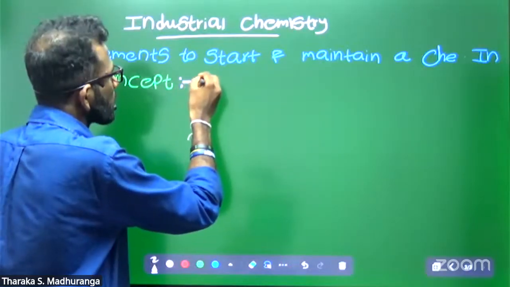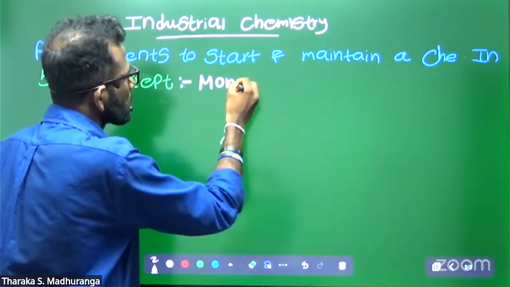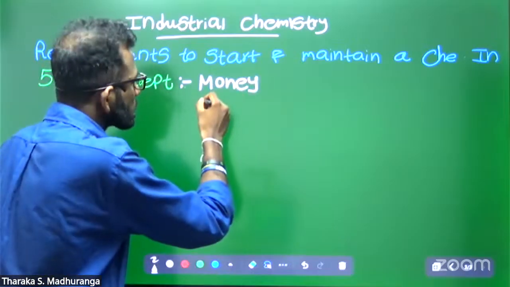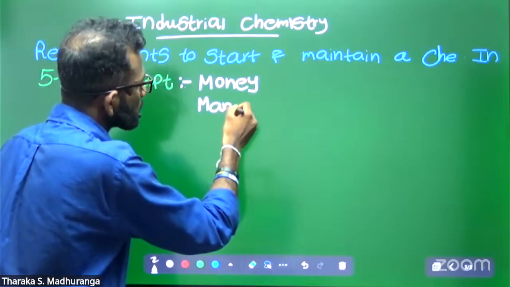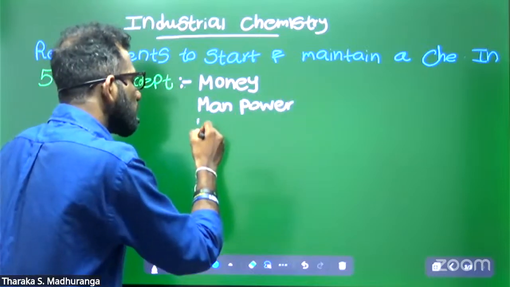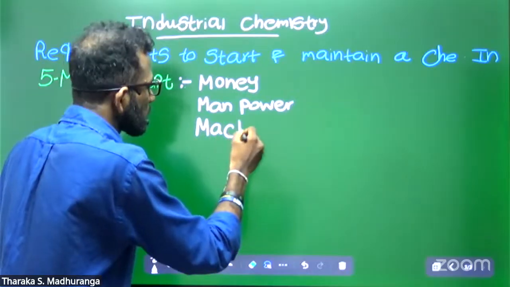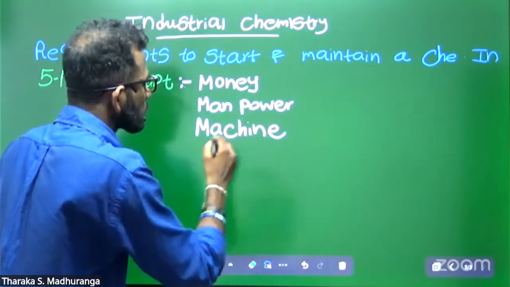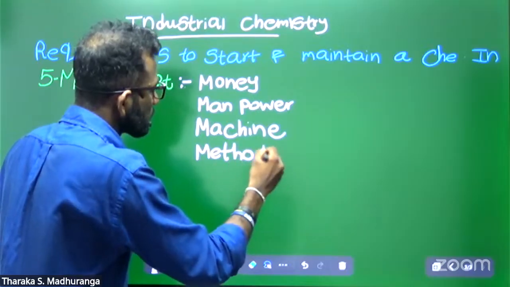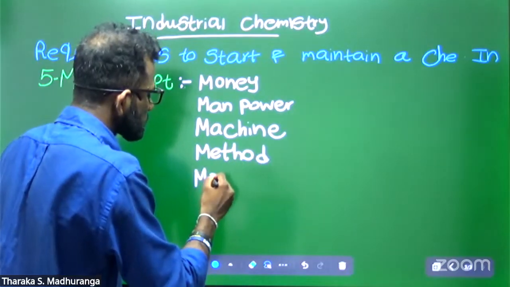The second one is manpower. The third one is machine. The fourth one is method. The fifth one is materials.